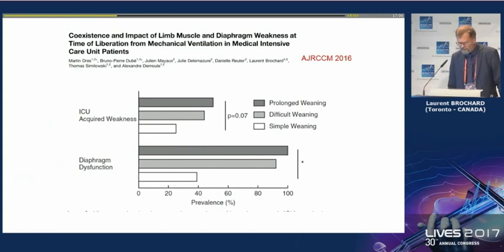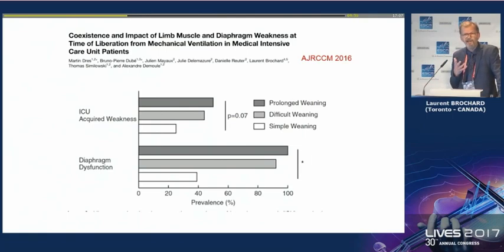This is, for instance, the percentage of patients who have diaphragm weakness or dysfunction when they have simple weaning, difficult weaning, or prolonged weaning. Well, almost 100% of the patients with prolonged or difficult weaning have diaphragm weakness. This is incredibly important. With simple weaning, you also have patients with diaphragm weakness.